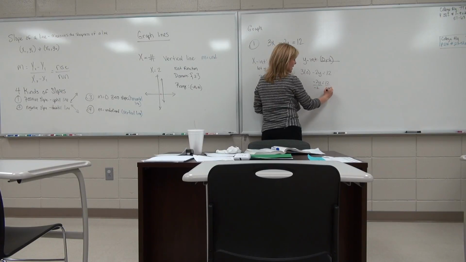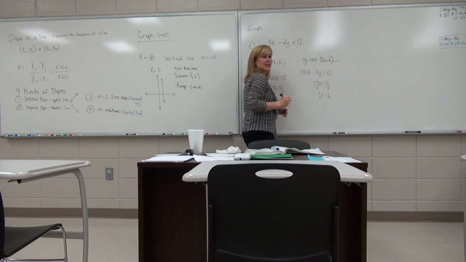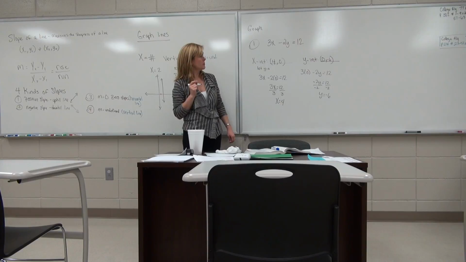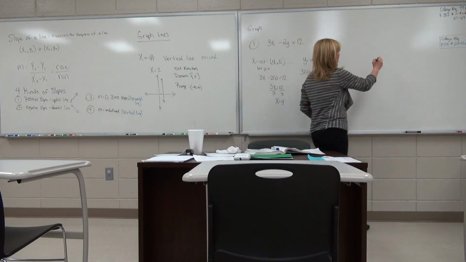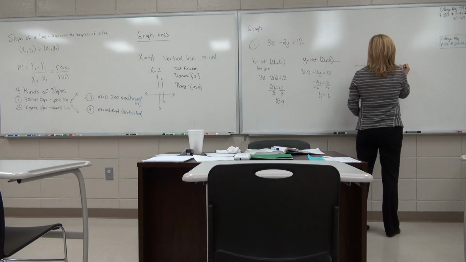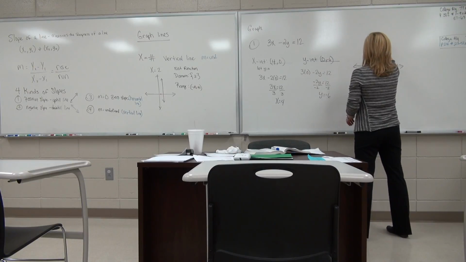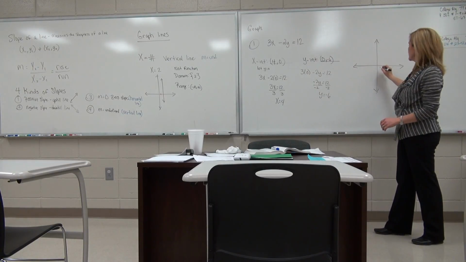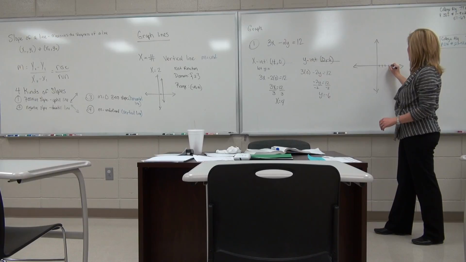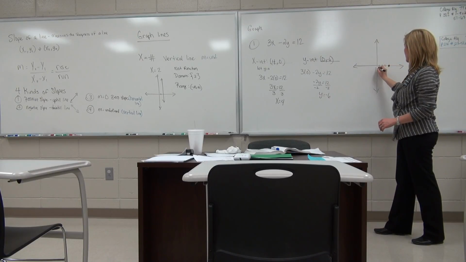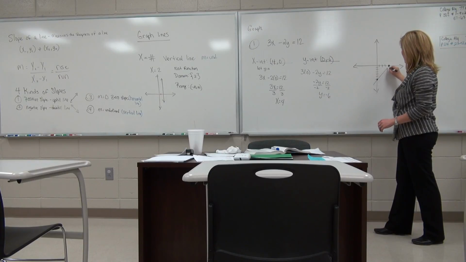Divide both sides by negative 2. So it's when y is negative 6. And then we can graph them. We can plot these 2 points and connect them. We've got an x-intercept at 4: 1, 2, 3, 4. A y-intercept at negative 6: 1, 2, 3, 4, 5, 6. And then you can connect them.